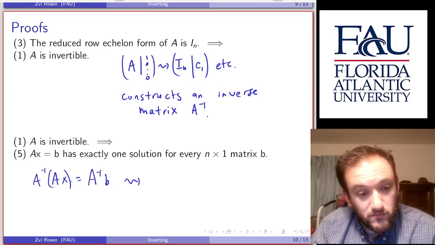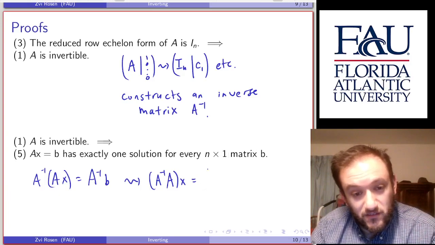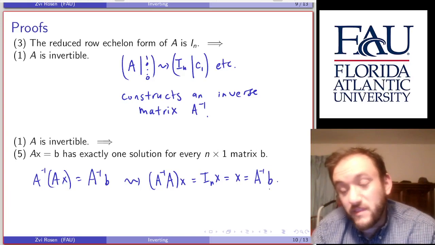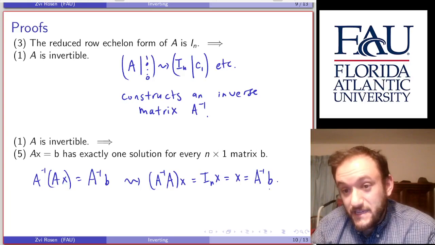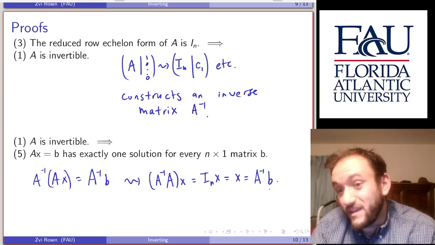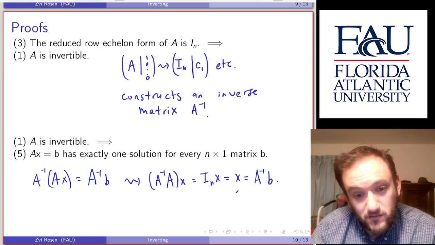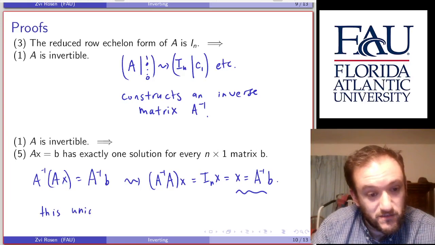Regrouping on the left-hand side, we know that A inverse A is the identity, which just gives you back the vector you started with, which is A inverse b. Because A inverse exists, x can be given just by the formula A inverse b, and that must be the value of x. So this uniquely specifies x.